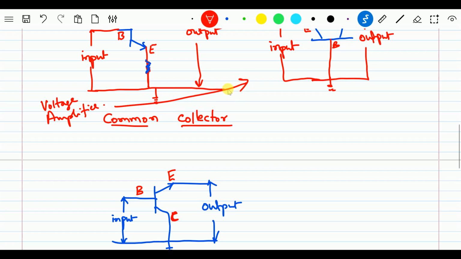But common collector is very importantly used in emitter follower design. This will be discussed later; I will teach you what an emitter follower is. So common collector is normally used for designing emitter followers.